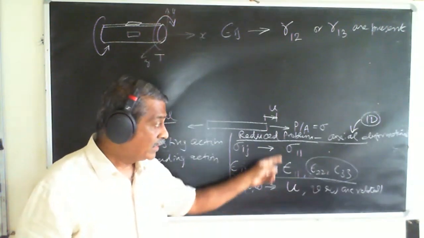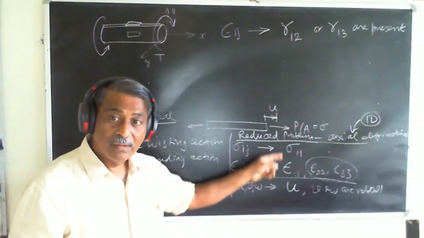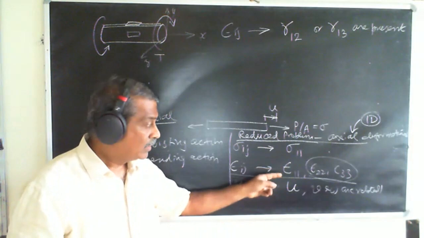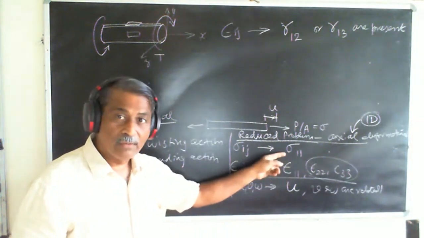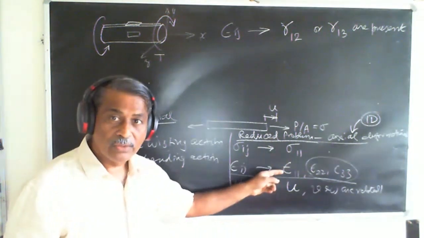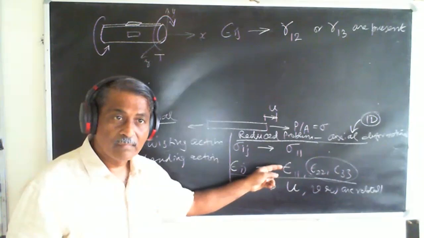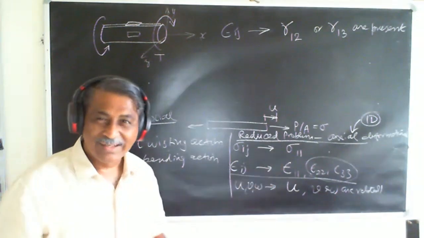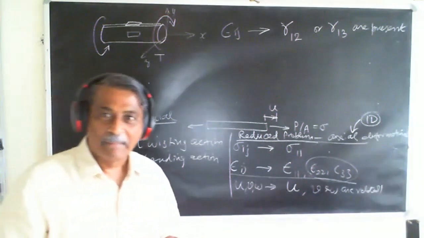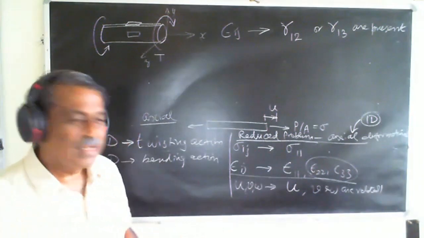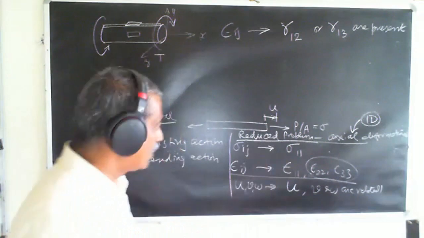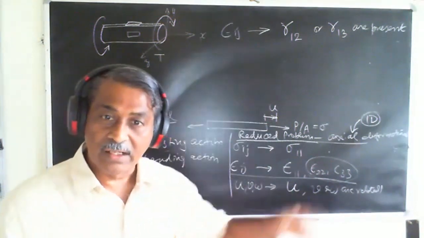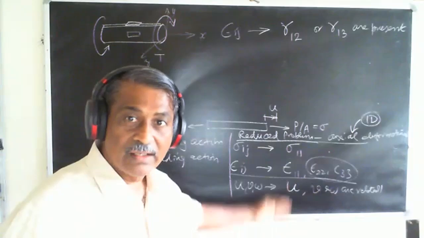And how do I connect these two? Given epsilon 1, 1, how do I find out this? Stress strain relations, or constitutive equations, right? So indirectly, all those equations that we listed, we are using here in this special condition.